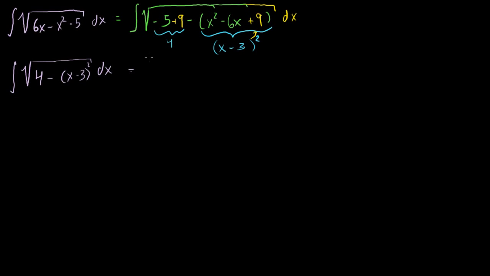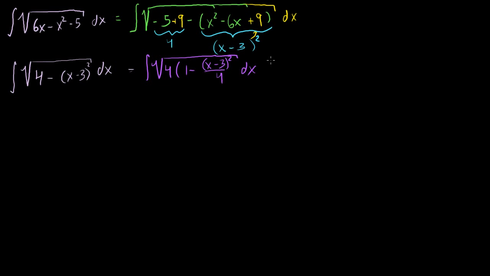So this is equal to the integral of the radical, and we'll have the 4 times 1 minus x minus 3 squared over 4. I just took a 4 out of both of these terms. If I multiply this out, I'll just get back to that right there, dx. And now this is starting to look like a form that I like.